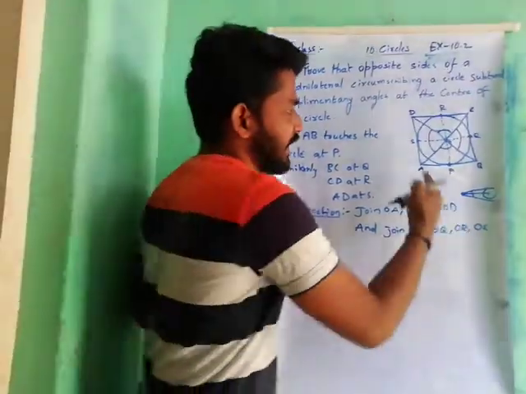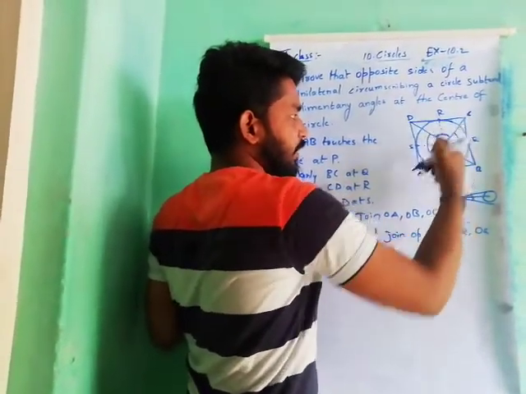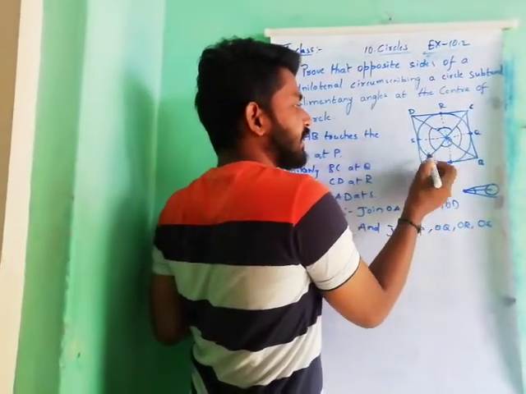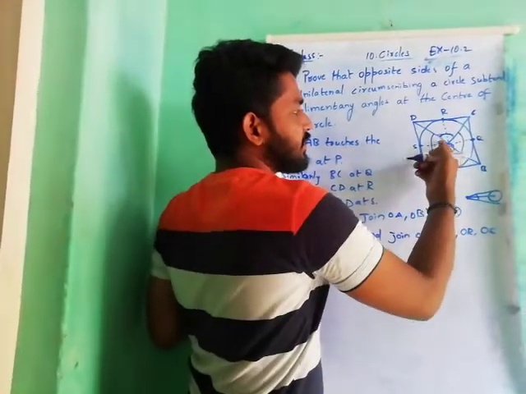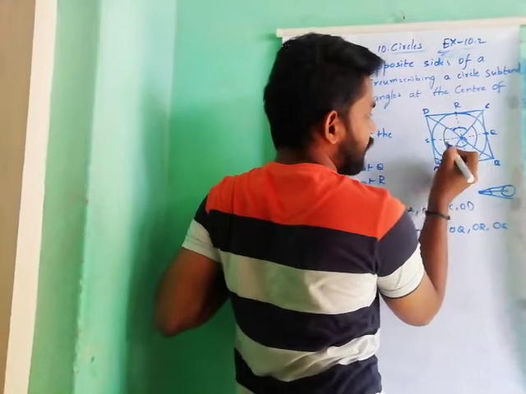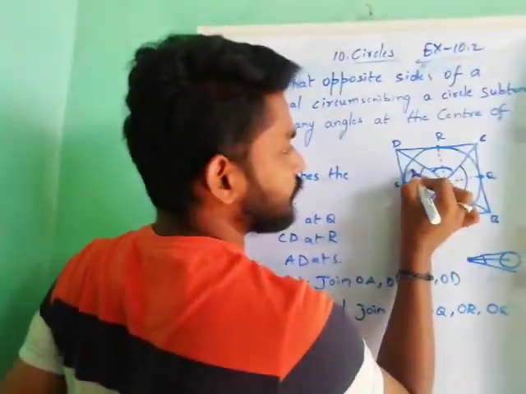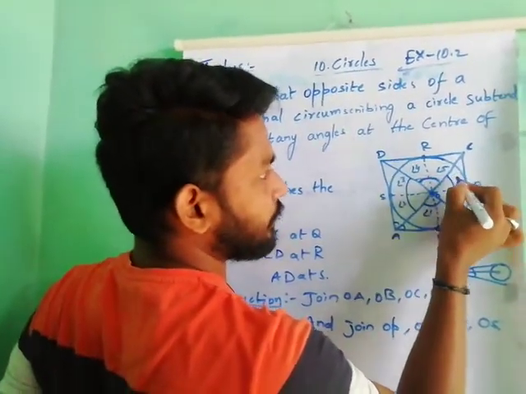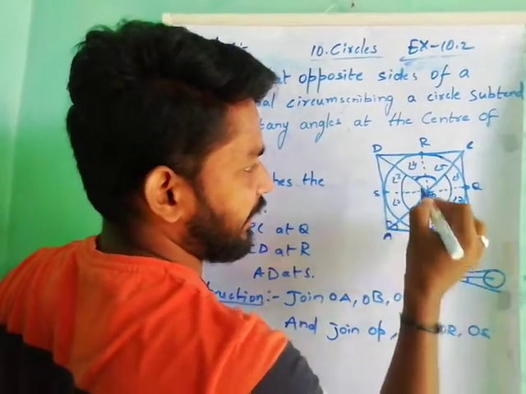Yes or no? In a similar way, this is an external point, this is the center, this is the circle. If we draw a line from this external point to the center, this angle is equal to this angle. Now I consider this as angle 1, this is angle 2, this is angle 3, this is angle 4, this is angle 5, angle 6, angle 7, angle 8.